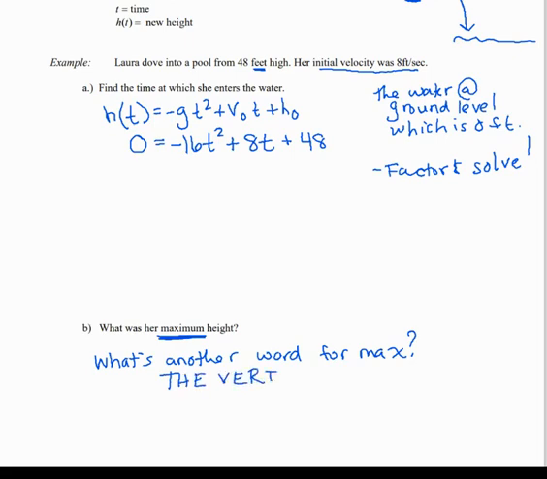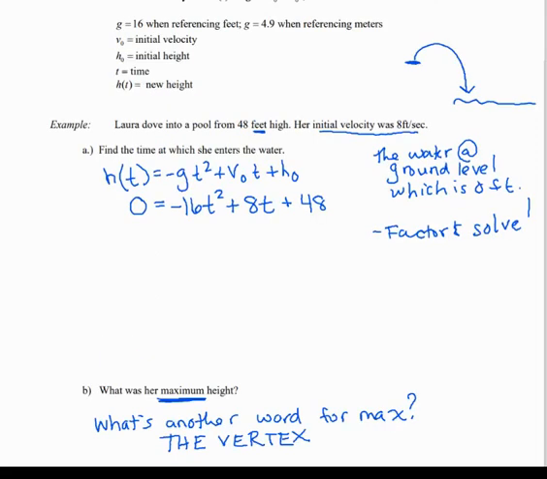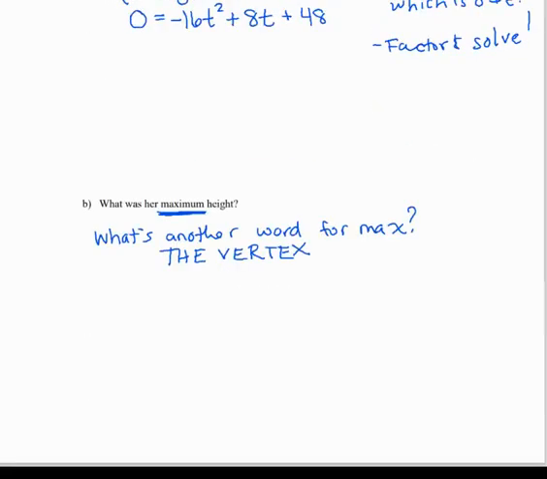Our vertex represents a maximum or a minimum. In this problem, we know we have a max because that graph is opening down. So this question is simply asking us, what is the vertex?